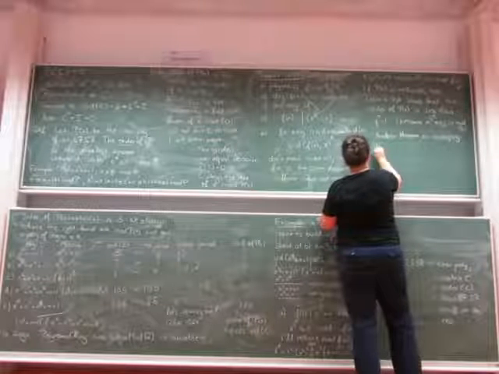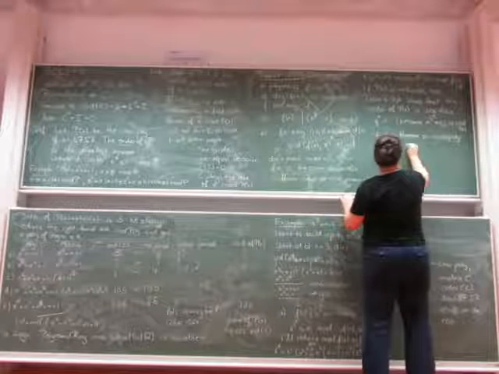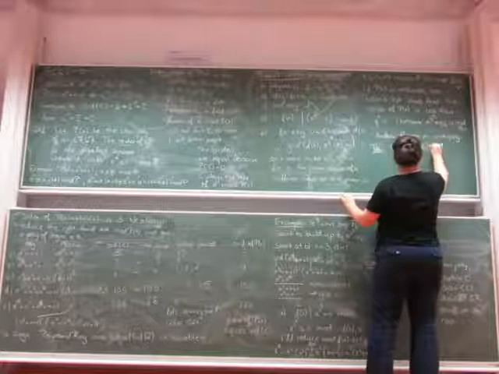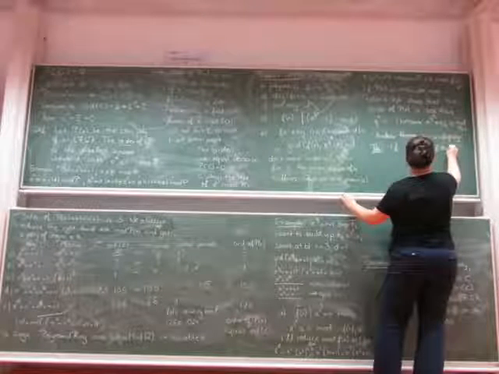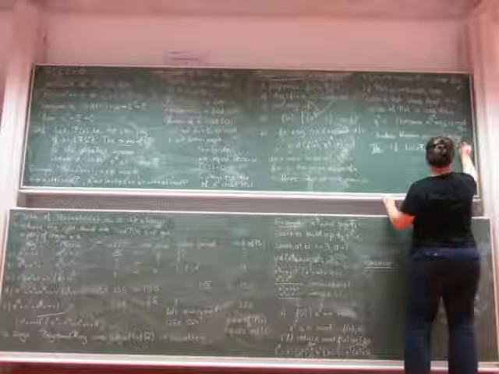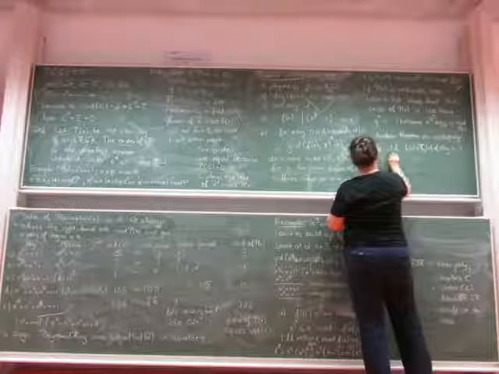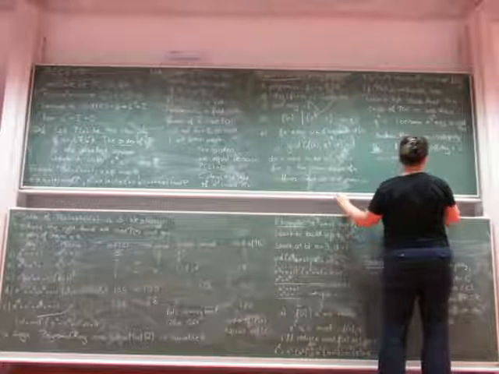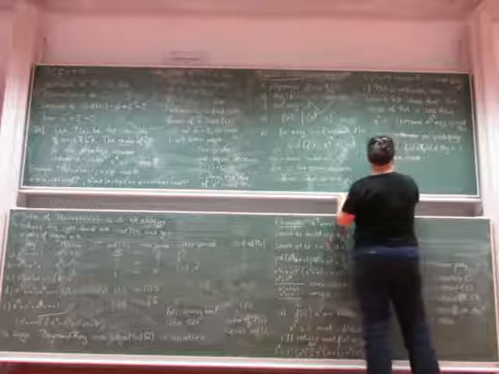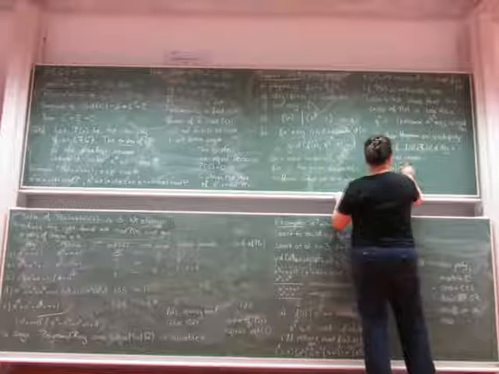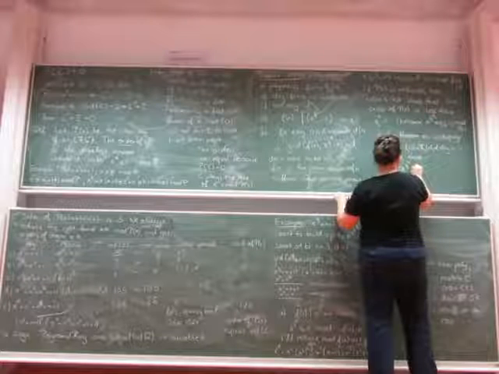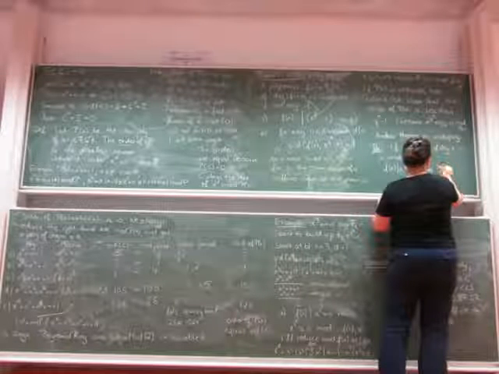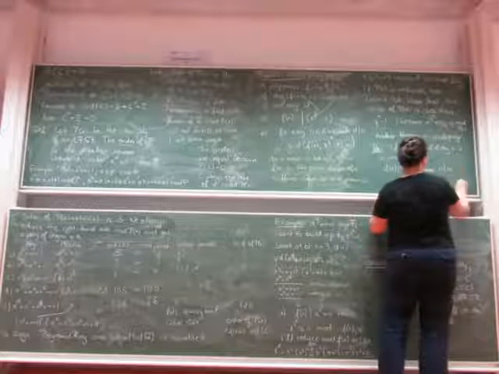So theorem, if f of x in Fq of x of degree n is irreducible, then we get that f of x divides x to the q to the m minus x is equivalent to m is a multiple of n, so n divides m.